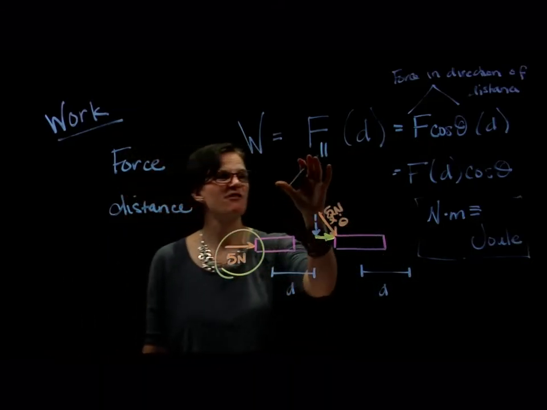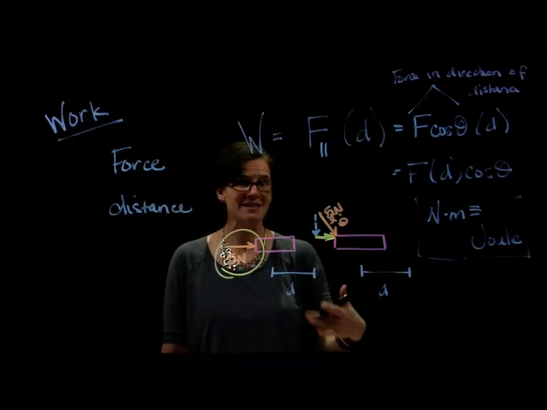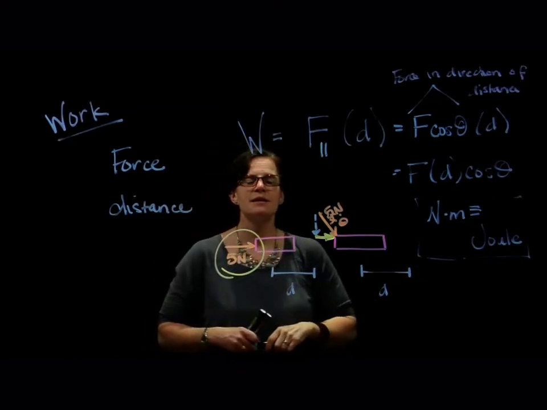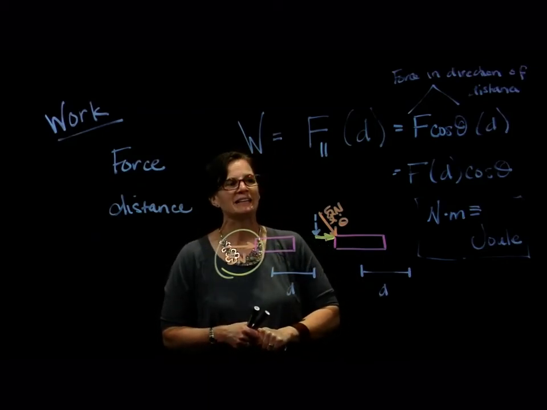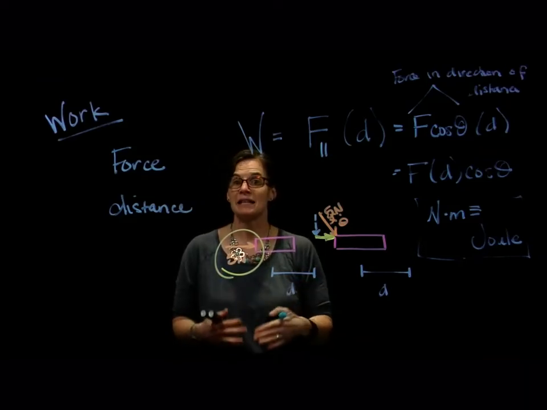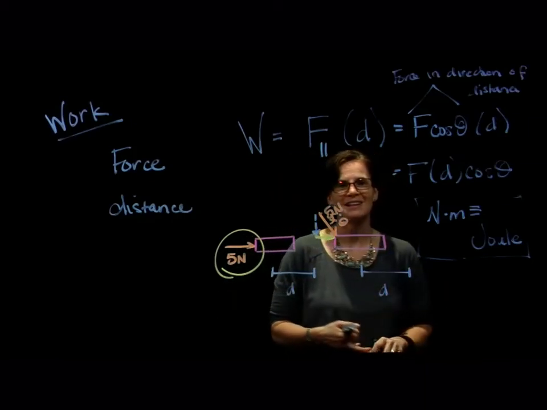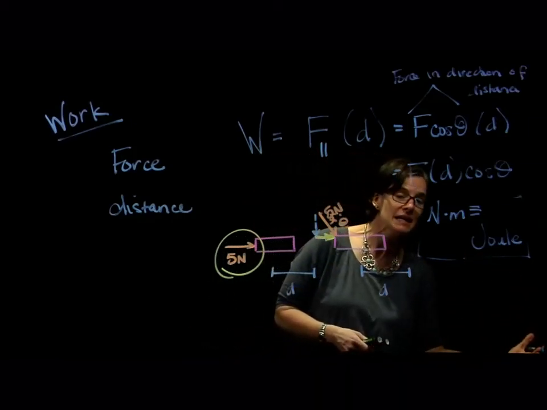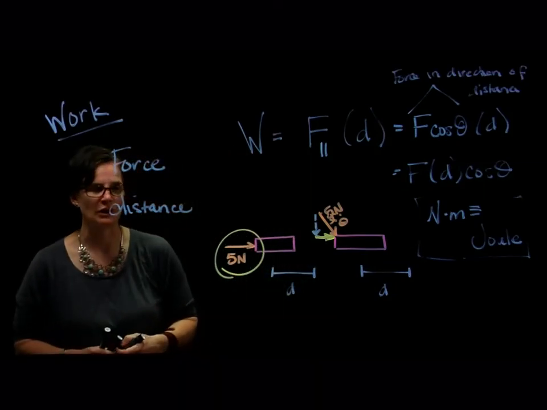Work is simply the force applied through a distance, and if there is no force in the direction of that distance, then there is no work being done. Now, even though this is a dot product and does not have a direction in the sense of right or left, we do have the direction of work in the sense of working in the direction of motion or working against the direction of motion.